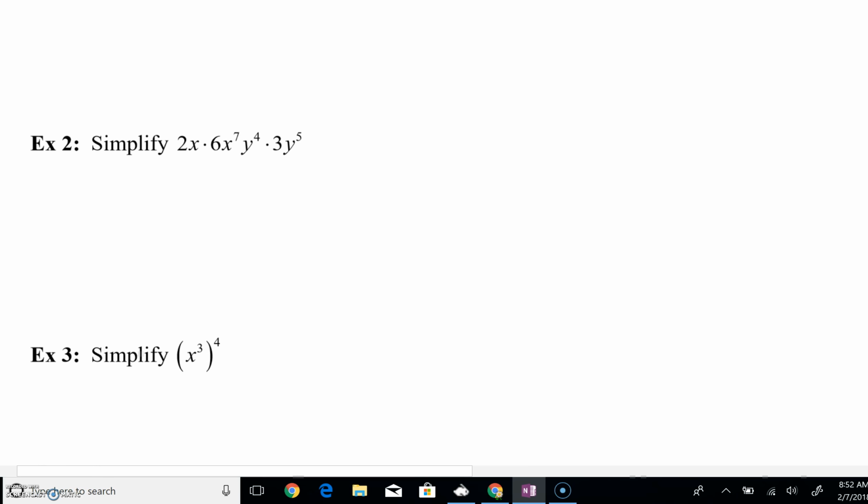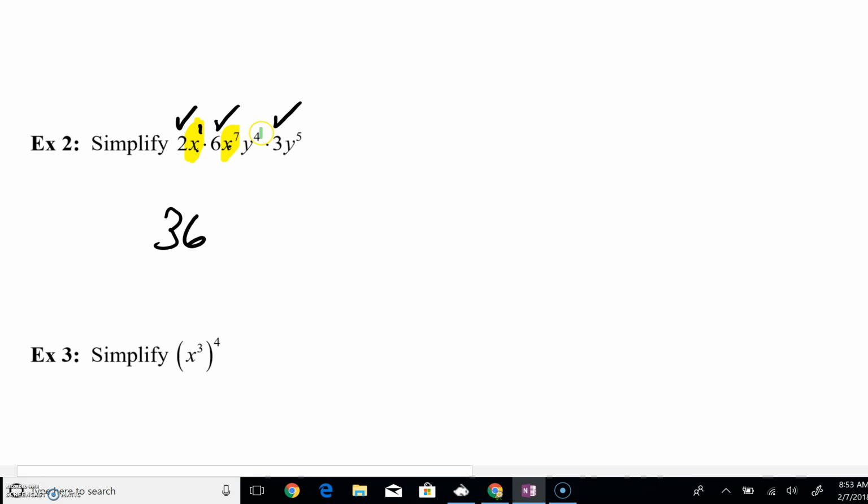Now, when we're looking at number 2 here, you got to be careful because they're mixing them. First, I also want you to notice you've got a 2, a 6, and a 3. If I just told you 2 times 6 times 3, 2 times 6 is 12. And what's 12 times 3? 36, right? But then you're going to have x to the first times x to the seventh. I guess what I'm trying to tell you guys is you got to pay attention to your x's.